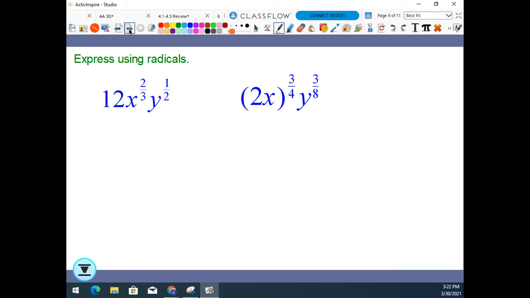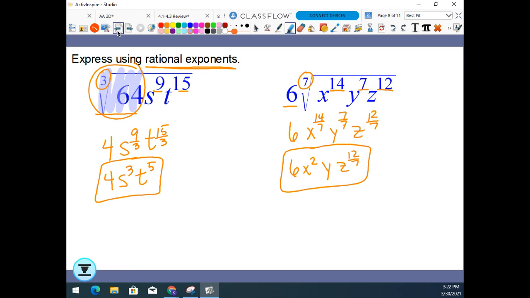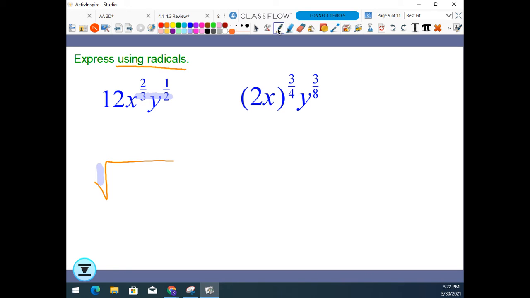Now we're just going to go backwards. We want to rewrite using radicals. So the key to using a radical is this number needs to be the denominator of these numbers. So think back, what was this middle step here? I need to have a common denominator to know what root goes in that corner. So my first step, first of all, the 12 doesn't have an exponent, so it's just going to be brought down. We're not going to mess with the 12.